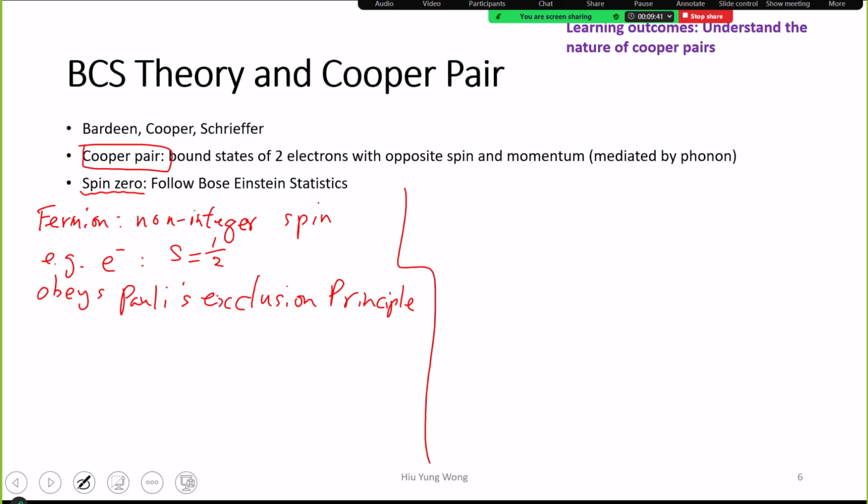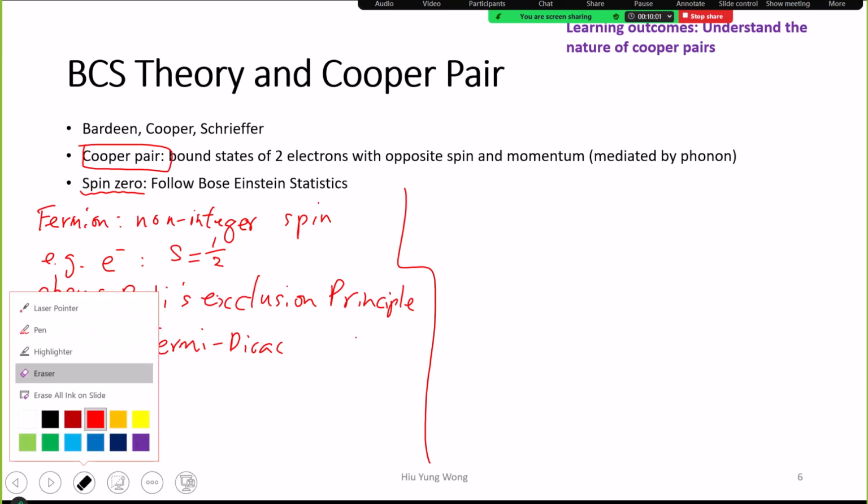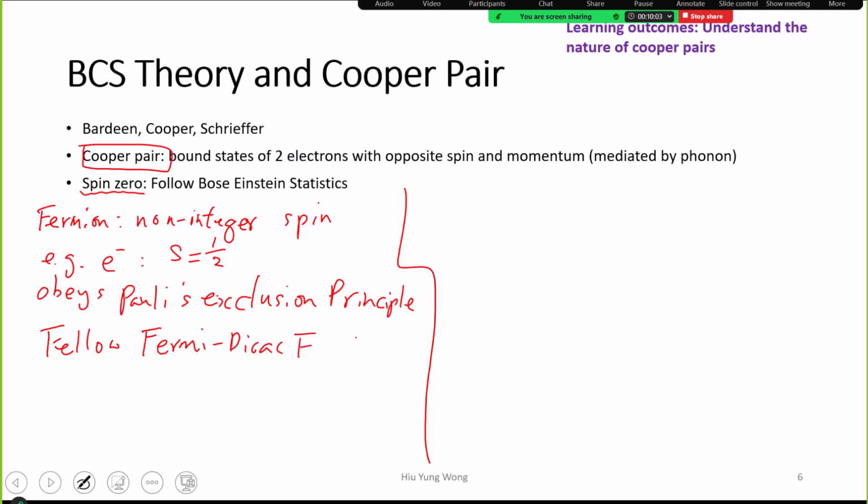Now, if you go through the math of statistics, which we will not prove, as this is not the purpose of this class, it follows the so-called Fermi-Dirac distribution. Many of you, maybe not all because we have some people not from EE and physics, have taken solid state physics, right?